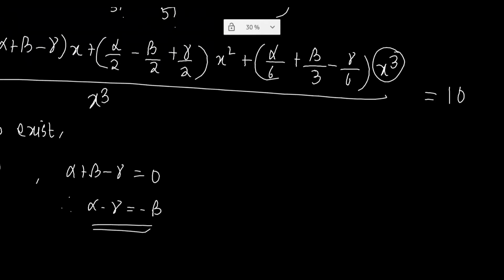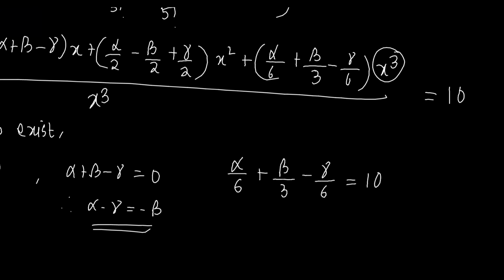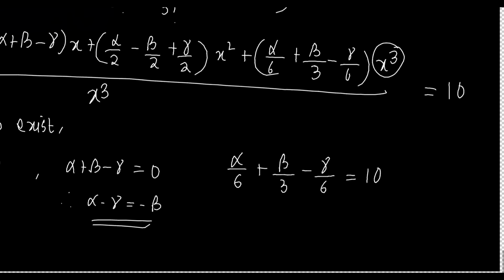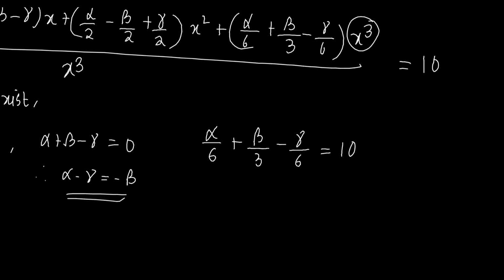Okay, so another condition is given, that is here given that alpha to the power 6 plus beta to the power 3 minus alpha 6 is equal to 10. This we can write. So here no need of doing this also, because from this we only can find out the values of alpha, beta, gamma. So we can just add them and we'll get the answer.